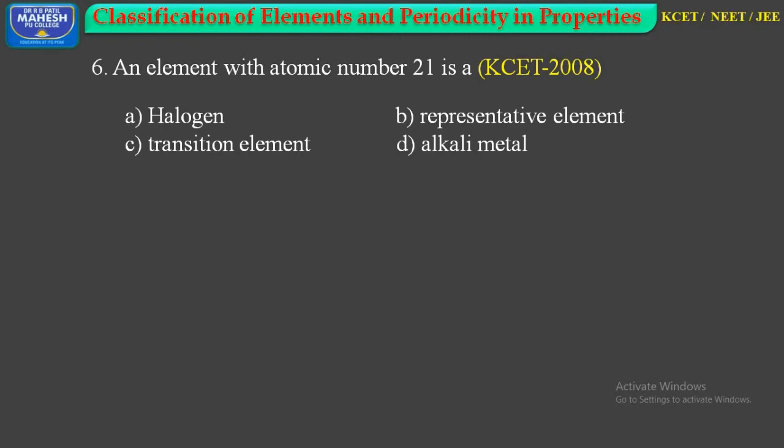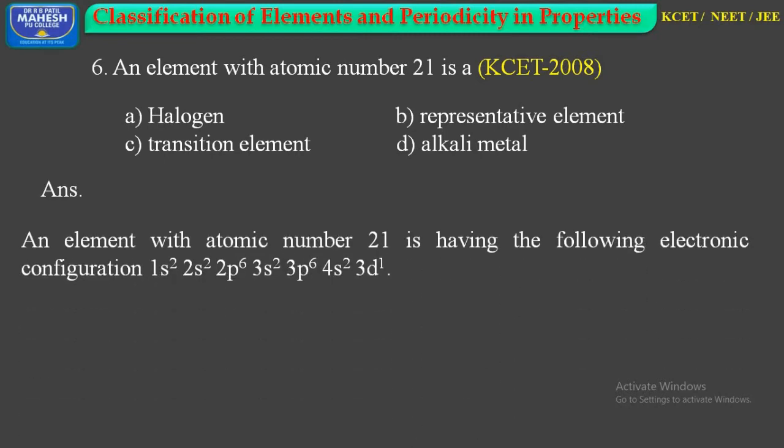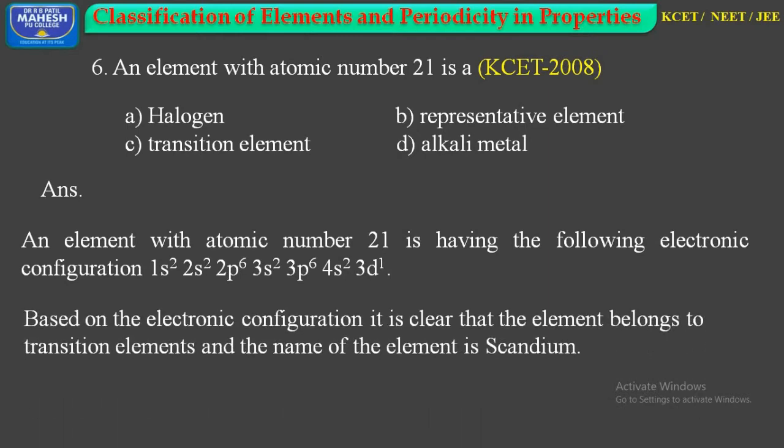With this, we can write the electronic configuration as 1s2, 2s2, 2p6, 3s2, 3p6, which means 18 electrons are accounted for. So the remaining 3 electrons go in 4s2, 3d1. So based on the electronic configuration, it is clear that the element belongs to the transition elements, and the element with atomic number 21 is scandium. So we can conclude that option C is the right answer, transition element.